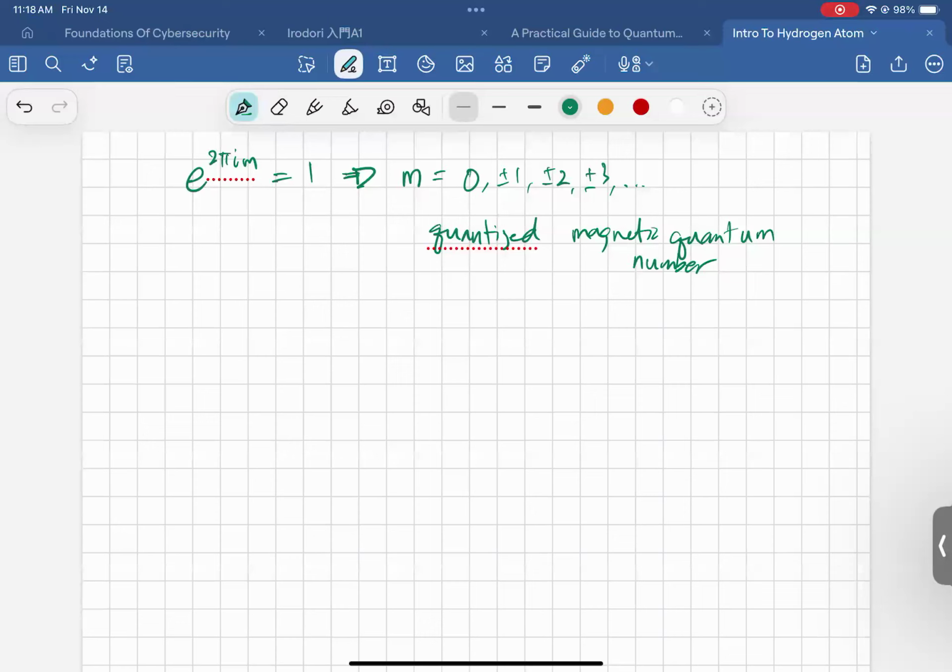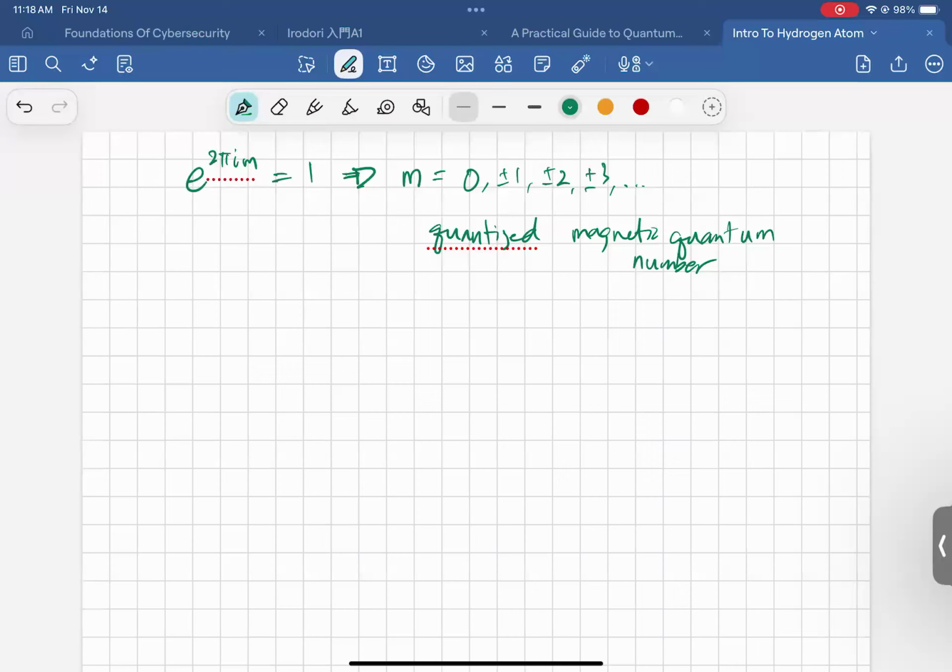This means that the behavior of the hydrogen atom with respect to the azimuthal angle is quantized. So here we see the beginning of the quantization of the behavior of the hydrogen atom, and right now it is in terms of this magnetic quantum number.